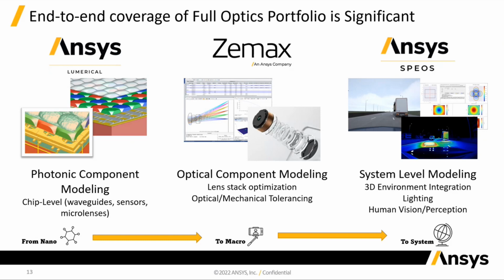And next we go to the macro size using the ZMAX, which is making the lens stack and also the optomechanical tolerancing for the optical component modeling. And lastly, we will combine the result from the numerical and also the ZMAX to make a system level modeling. So we can make actual the real human vision and the perception and also the 3D environment integration to see the actual result.